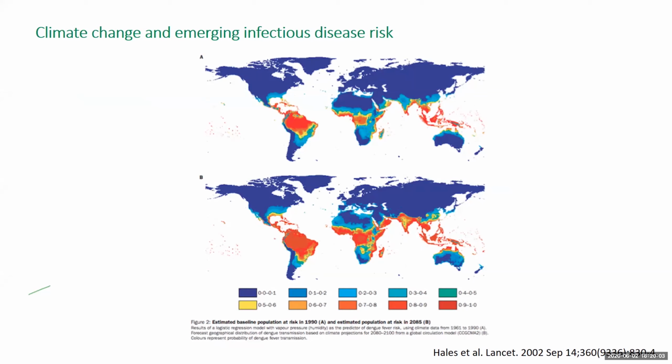Changes in temperature may not only affect the distribution of the vectors, but also their reproductive and biting rates and the maturation of parasites and viruses within vector hosts. So again, just an example of how climate change can also directly influence the spread of infectious diseases. Next slide, please.